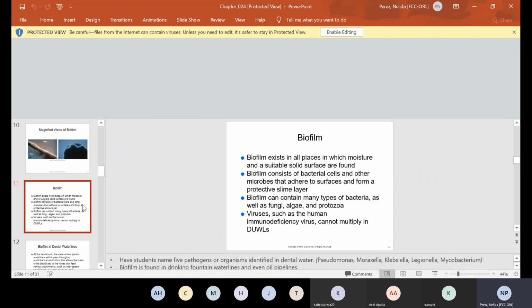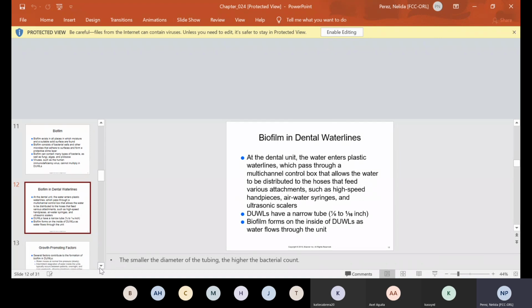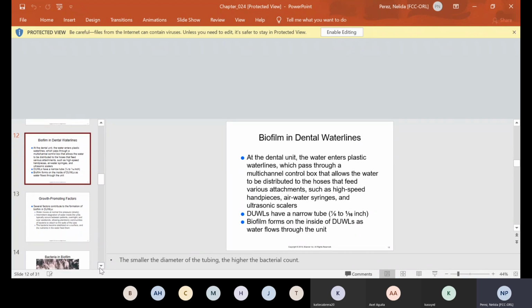And that goes for anything in your house that you might have a hose for, where moisture and darkness get in. It can create not only biofilm, but, as we're going to talk about here, many types of bacteria, as well as fungi, algae, and protozoa. And viruses such as the human immunodeficiency virus cannot multiply in DUWLs. That's HIV, for those of you who are not sure about that.